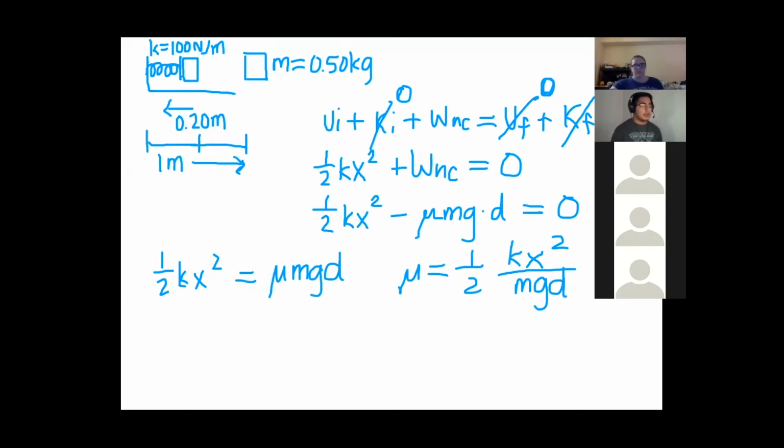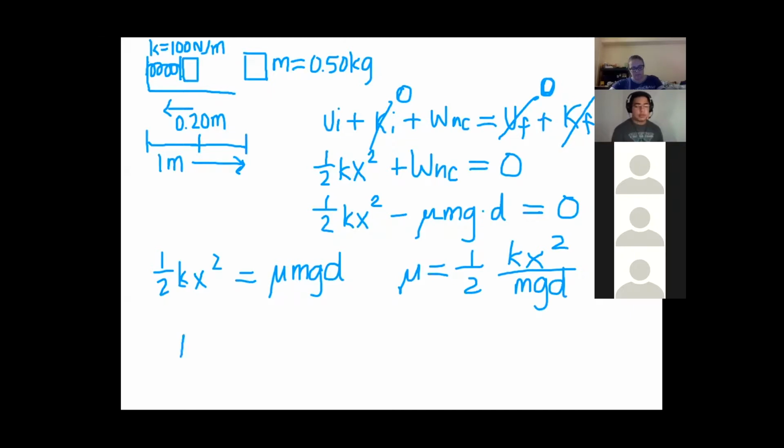So do you think we know all the quantities here? I think so. So k is our spring constant. We have that. X is our compression. We have that. Mass and gravity are known, and the distance that it travels, again, is known. So I believe we could solve for mu.